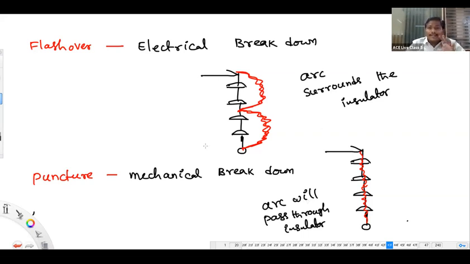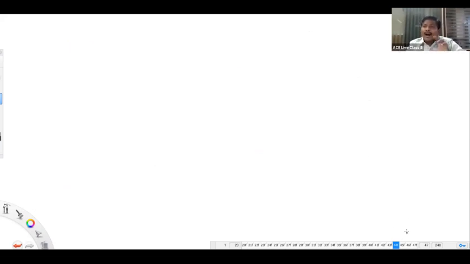There's a difference. To protect the insulator from flashover, we keep one element called an arcing horn. It's a different element; take this as a small heading.